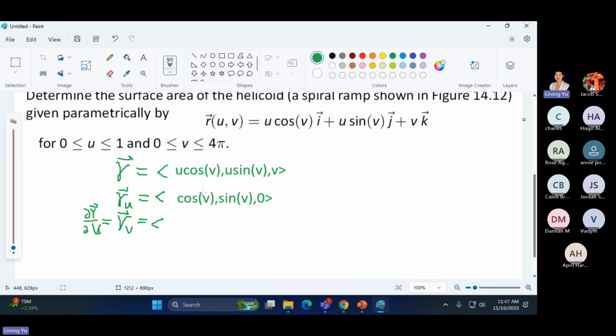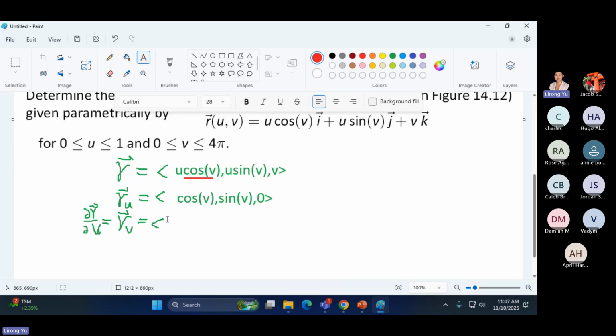We differentiate the first function with respect to v. The derivative of cosine v is negative sine v, so it's negative u sine v. That's the first component. The second component is the derivative of sine v, which is cosine v, so u cosine v. The last component, the derivative of v, is 1. So those are the partial derivatives. Try to match them well so we can find the cross product.